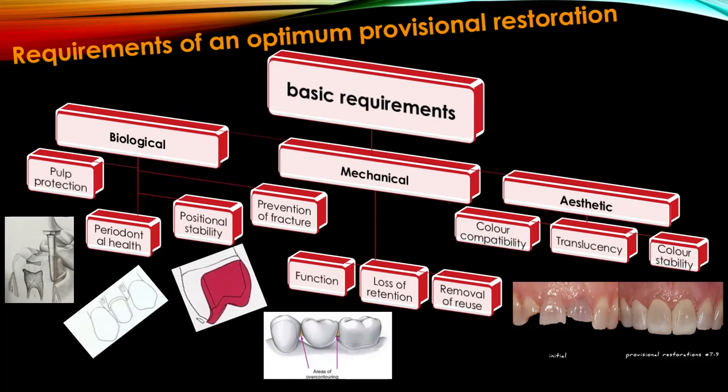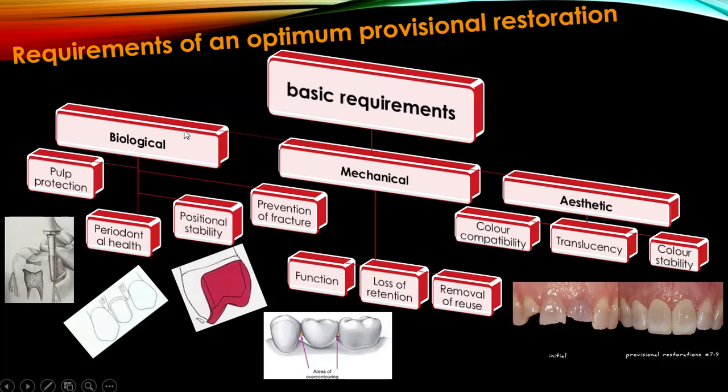Requirements of optimum provisional restoration: we can divide the basic requirements into three main groups: biological, mechanical and aesthetic.